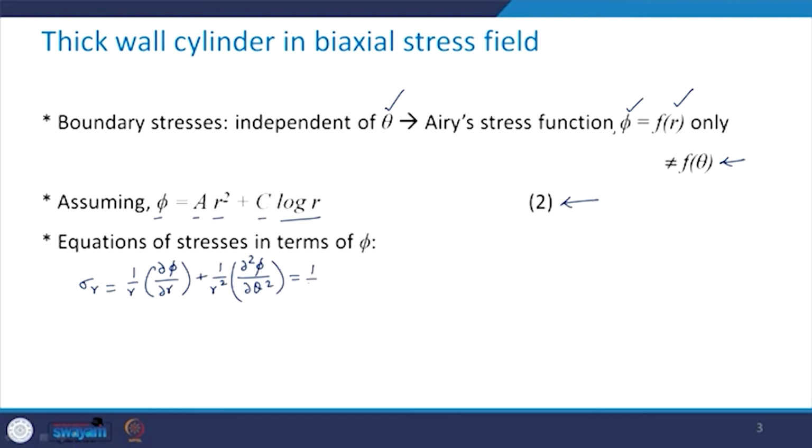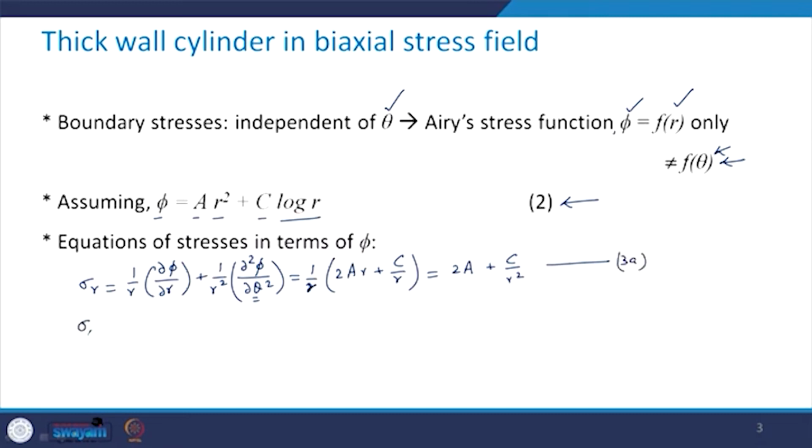So, what you will have here is 1 upon r and 2ar plus c upon r, and this is the differentiation with respect to theta, and since phi is independent of theta, so this term will become equal to 0. So, this is going to be 2a plus c upon r square, equation 3a.